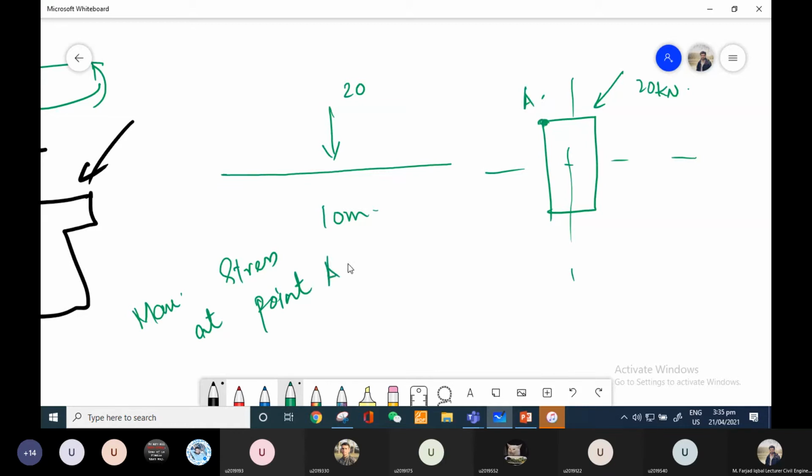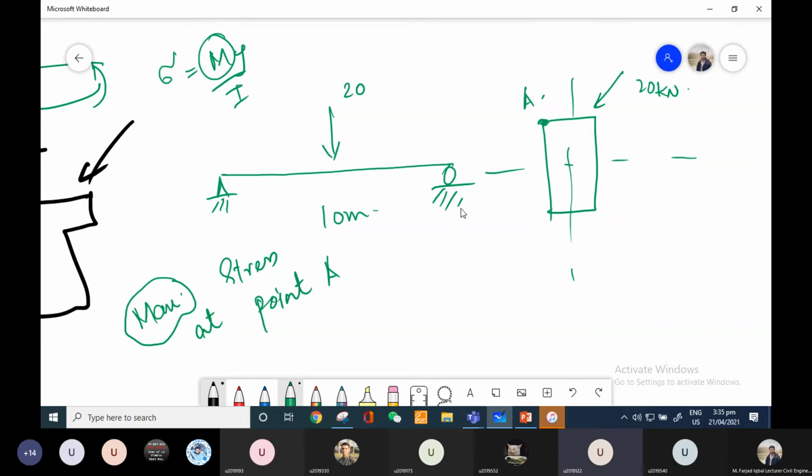So the first step is that we need to find out the movement. Now since I have to find the maximum stress, the formula for stress is this one. So for maximum stress, obviously I need the maximum movement, right? So what will be the maximum movement of this beam? Sir, in the middle.